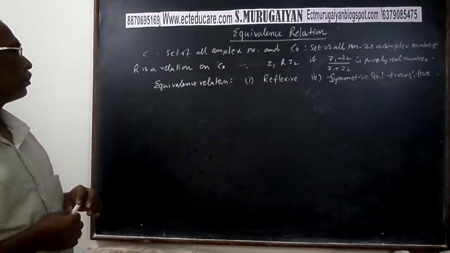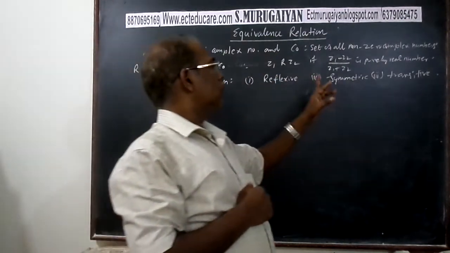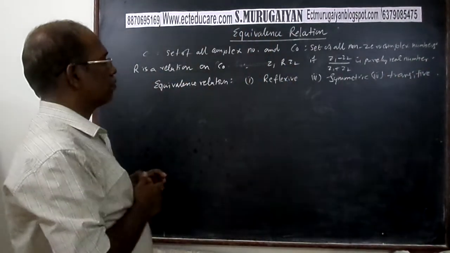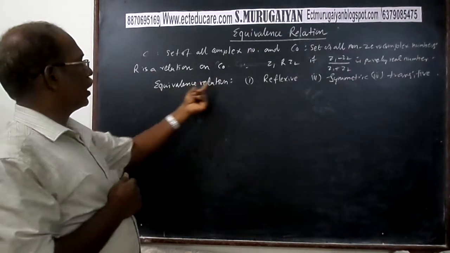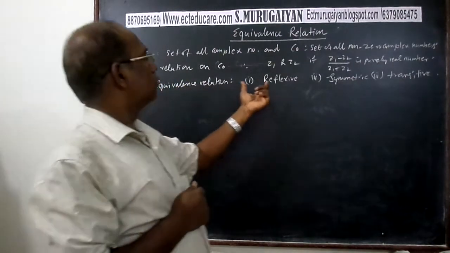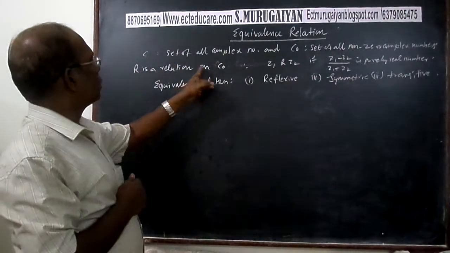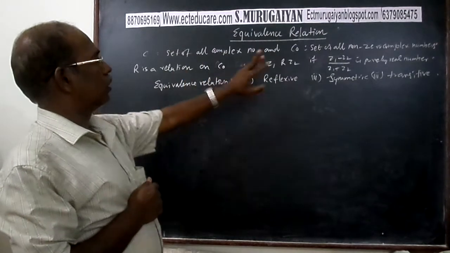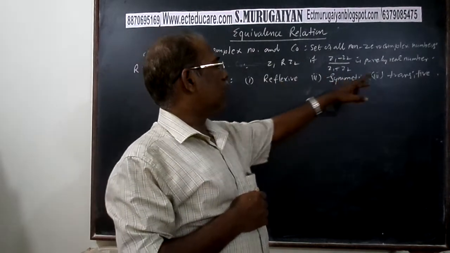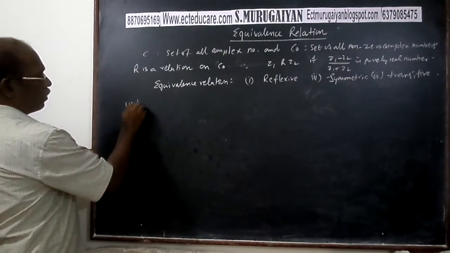If a relation is reflexive, symmetric and transitive, then straight away the relation is said to be an equivalence relation. So to confirm the equivalence of the relation R on the set of non-zero complex numbers C naught, we have to discuss reflexive, symmetric and transitive. Okay, so let us start with the discussion of reflexive.